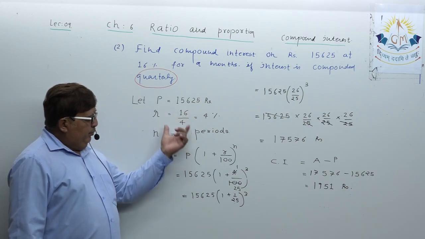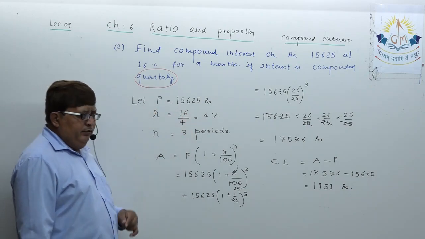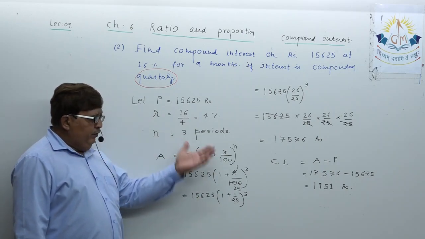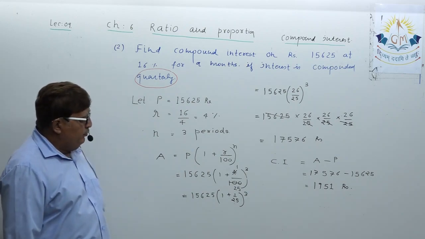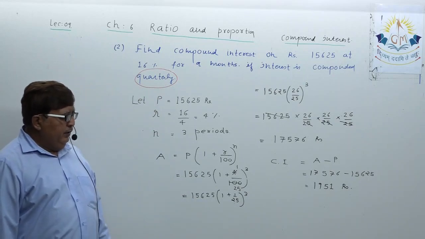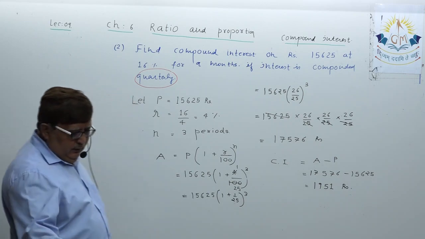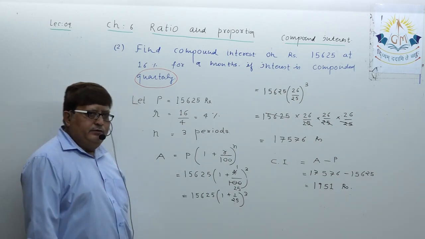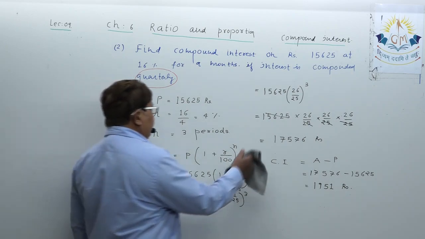The first step is the presentation of data based on the last word, then formula, and then simple calculations, and then CI, that is A minus P. Okay, so I am writing one more example as an SLP for you just now.